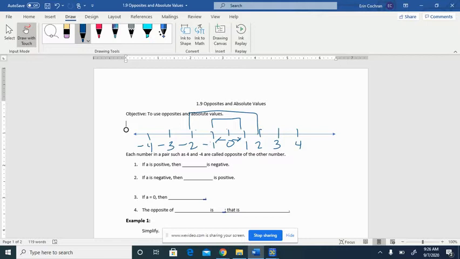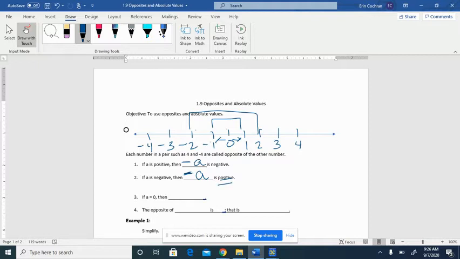If A is positive, then its opposite is negative A. If A is negative, its opposite, and opposite is always labeled with this negative in the front, that means opposite. So if A is negative, its opposite will always be positive.